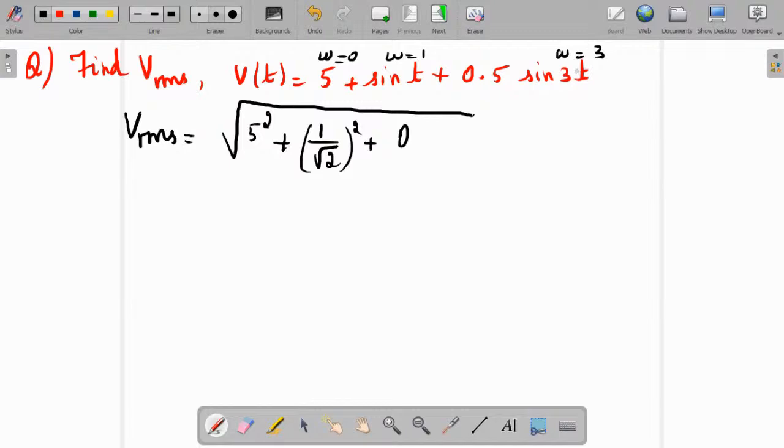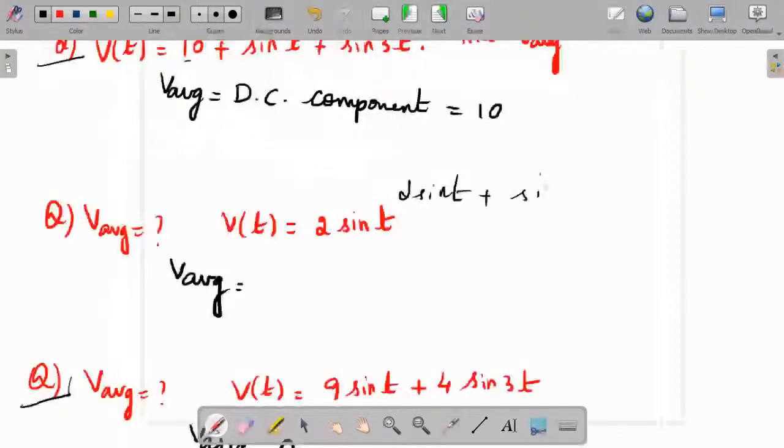V of t is equal to 2 sin t. Okay, this is the general case we saw yesterday. When you have a sinusoidal symmetrical signal, we saw the average voltage formula, right? So that is what we used. Here there is no DC component, so it is 0. In case you are given, for example, 2 sin t plus sin 10t, then you can say there is no DC component, so hence average voltage is 0.